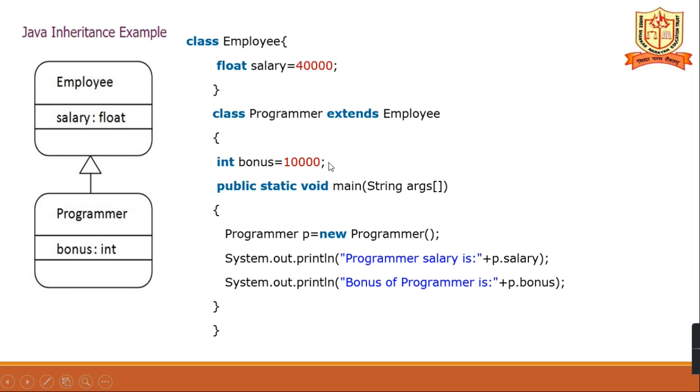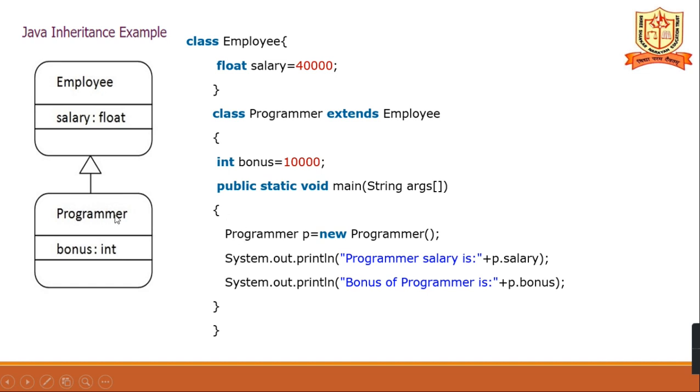Integer. And here you create the object of the subclass. Always in inheritance you are supposed to create the object of the child class, since the child class has its own variables as well as the superclass variables and methods. That's why you create the object of the subclass.